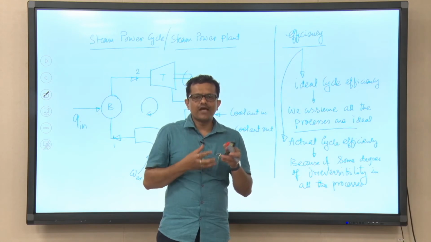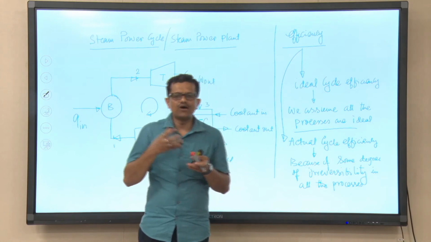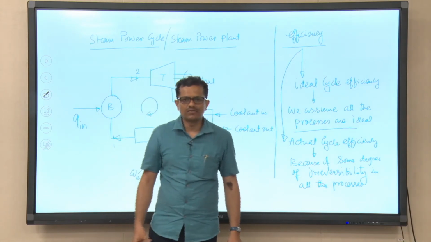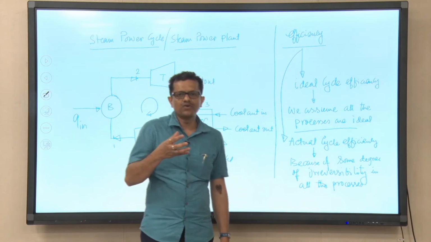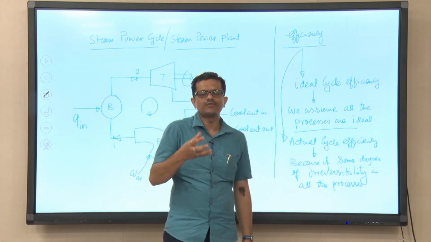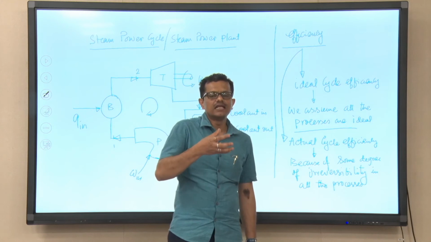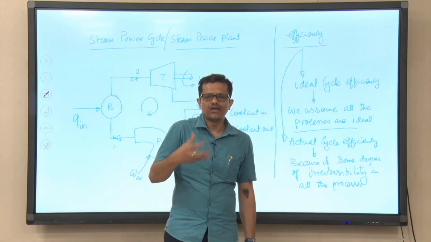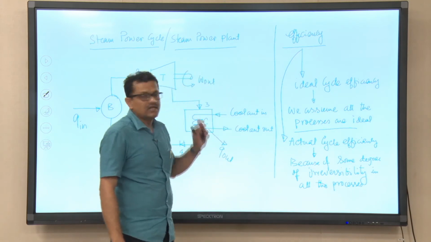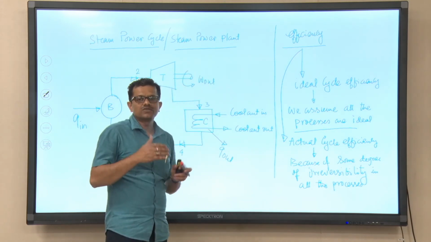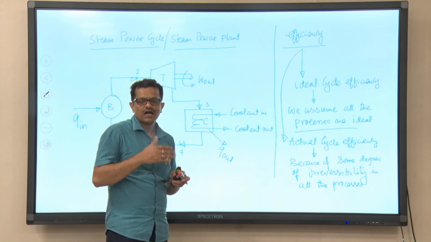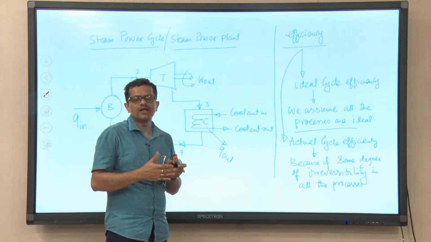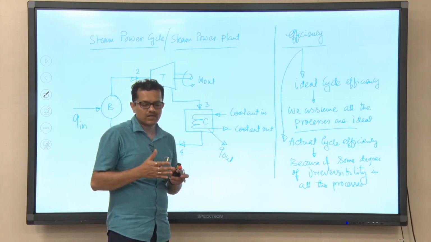Knowing a priori that the efficiency and output will be actual, that output will always be lesser than that predicted by the equation for the ideal one, but we always study this. So, the purpose of studying the ideal cycle efficiency is to compare the performance of the actual one.